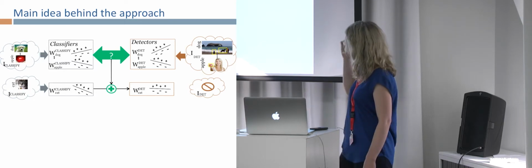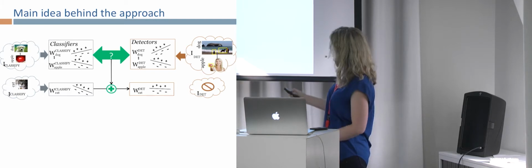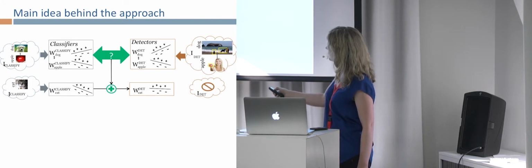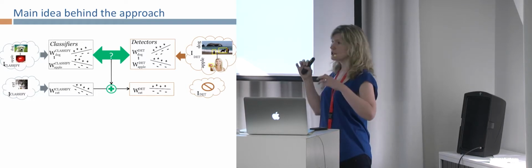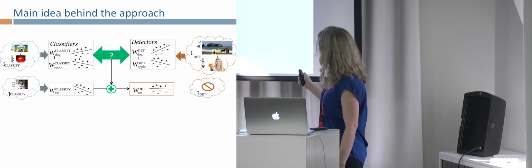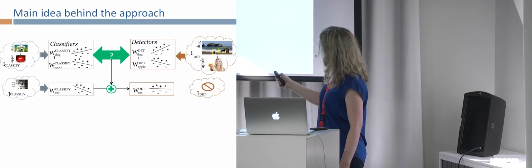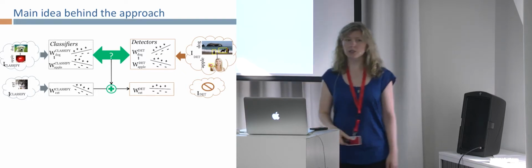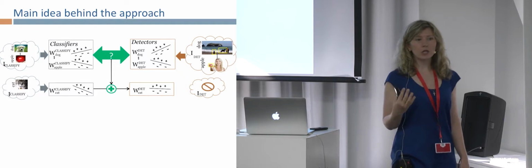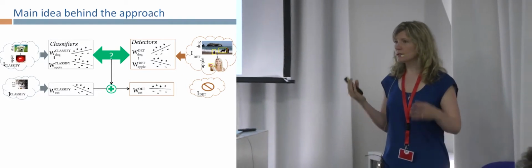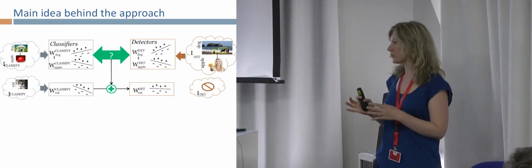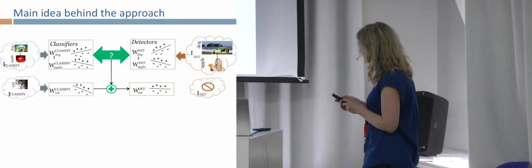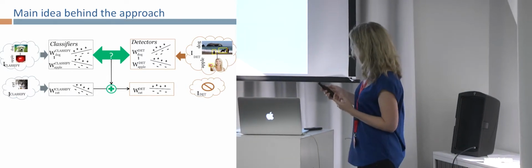So essentially we want to train just classifiers on the classification data and then magically turn them into detectors by transferring this knowledge, which would tell us how classification is different from detection. And there are different reasons for why it's not the same.